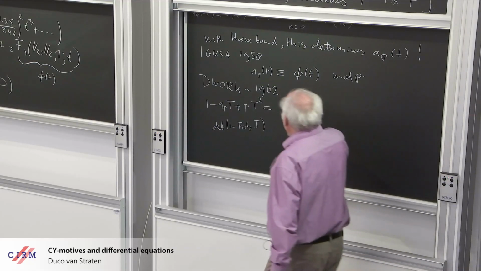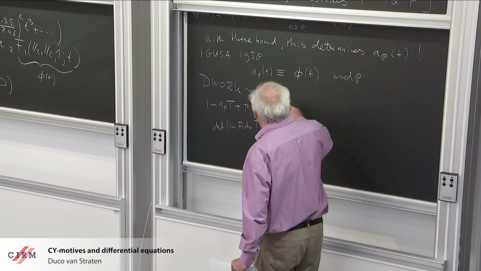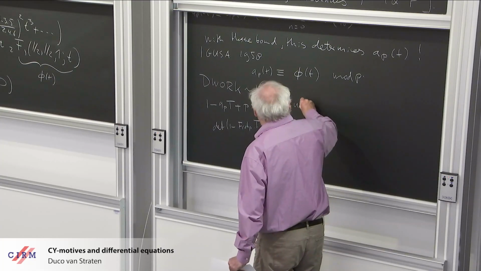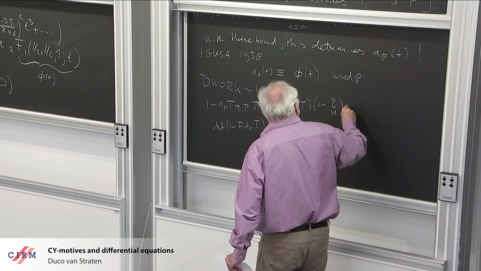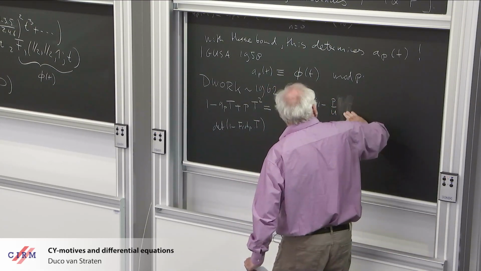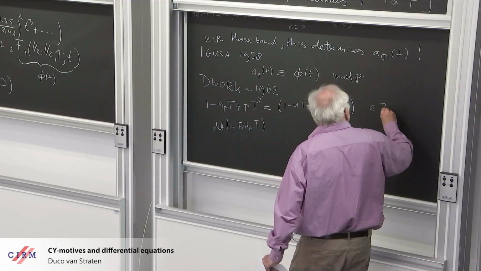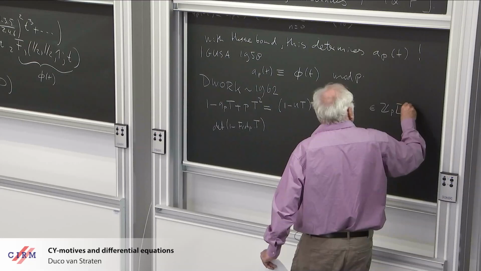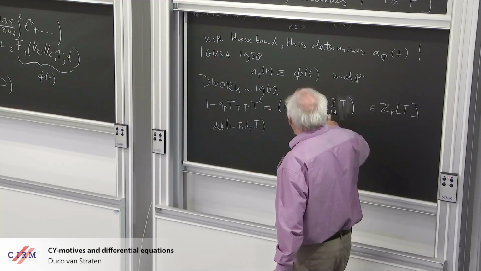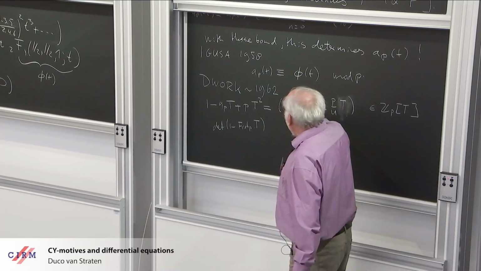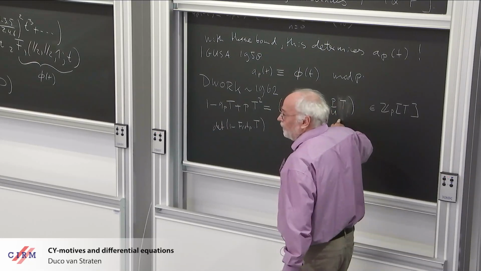But now what Dwork proposes to do is to factor this as a product of its two roots, to factor it as a p-adic polynomial. There will be one root which is a p-adic unit, and the other one will then necessarily be p divided by u.